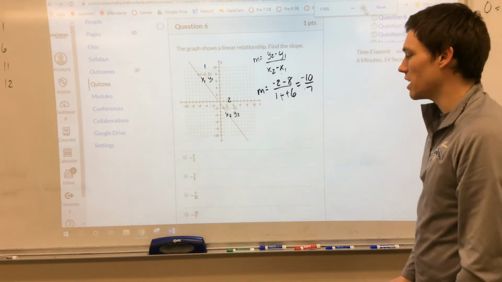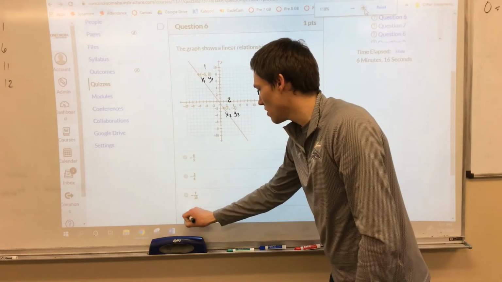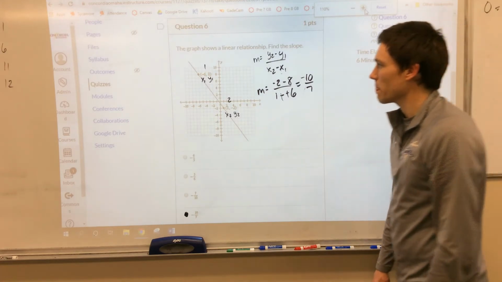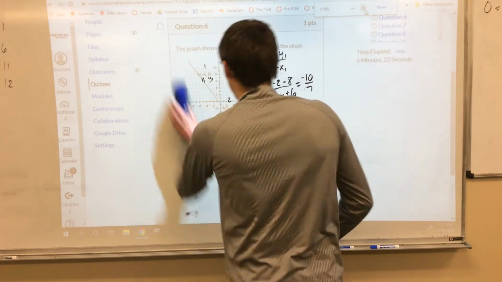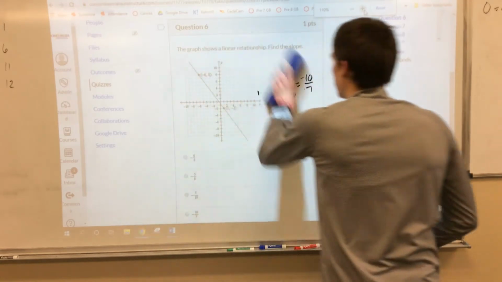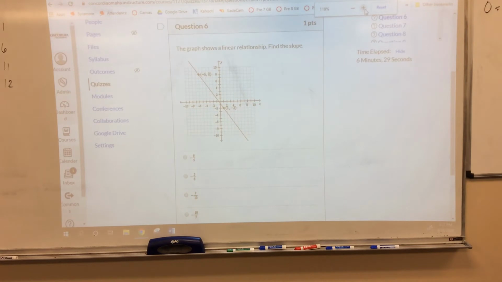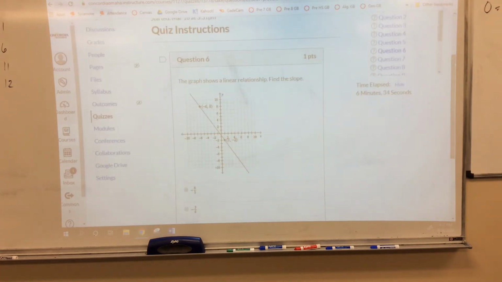So it becomes negative 10 sevenths. So my answer is right there. We knew it was negative because it's going down from left to right. Nice, negative.